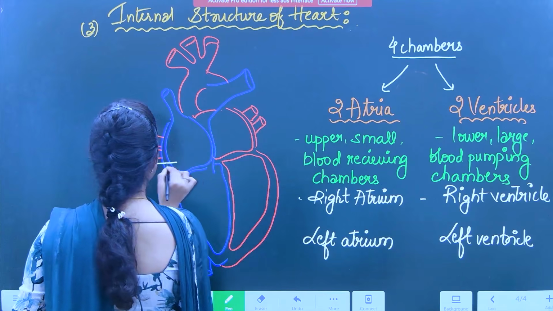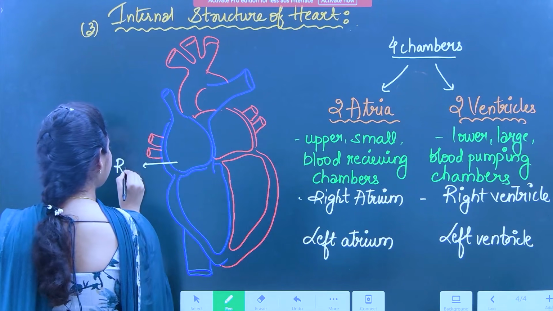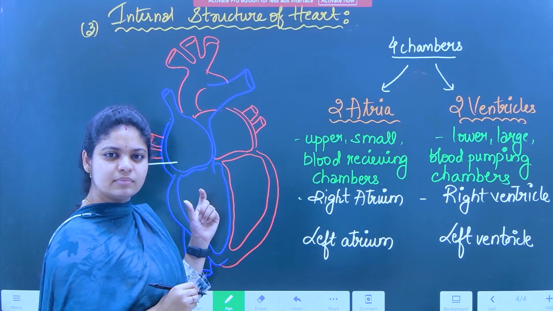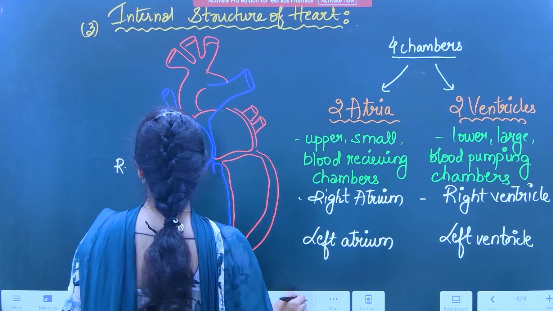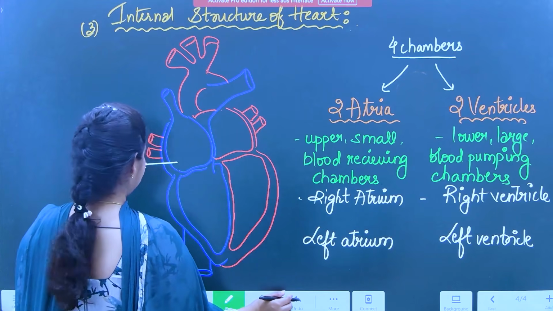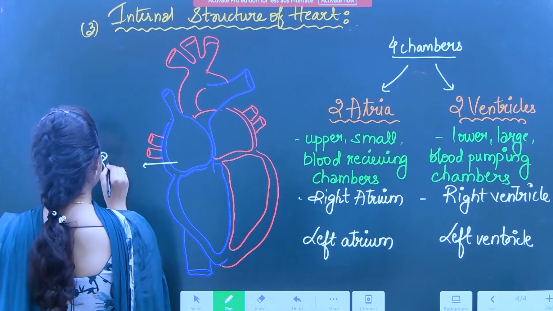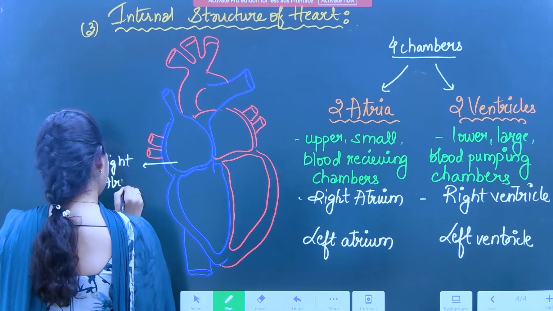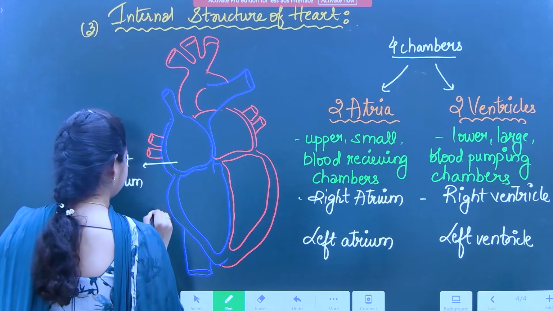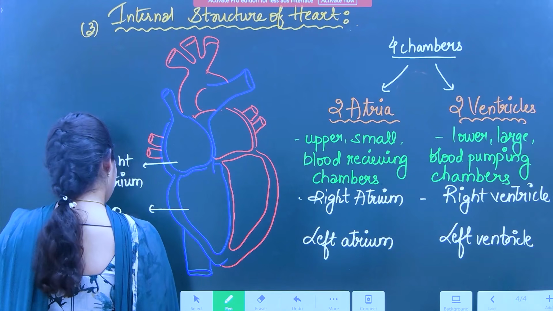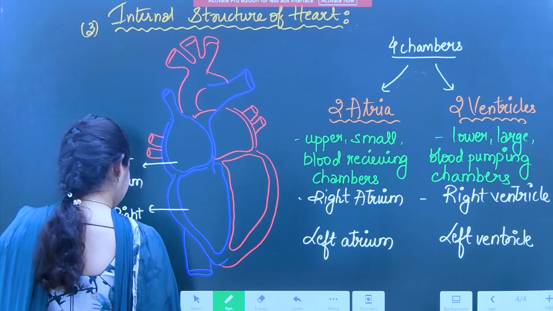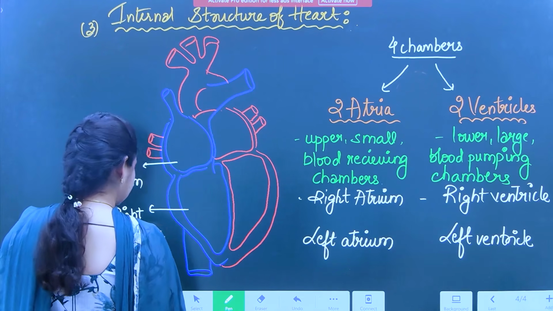Let us label them. I'm writing it in short. If I write RA, will you understand? Or do I need to write it completely? Fine. Right atrium. Right ventricle.